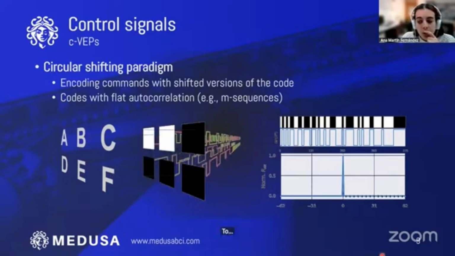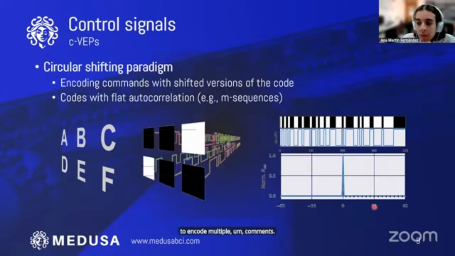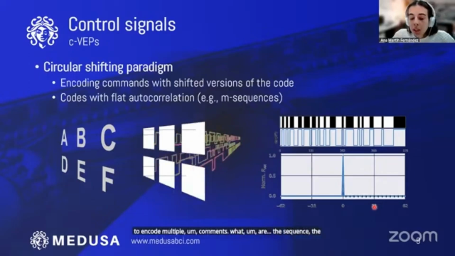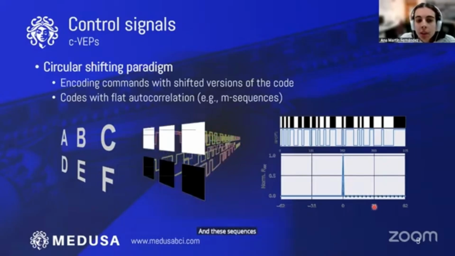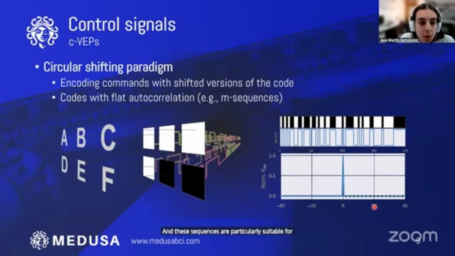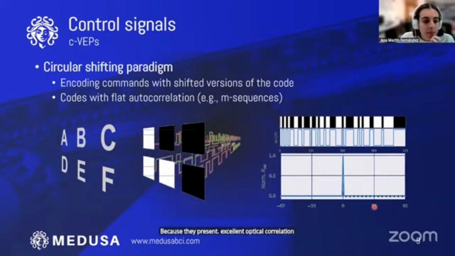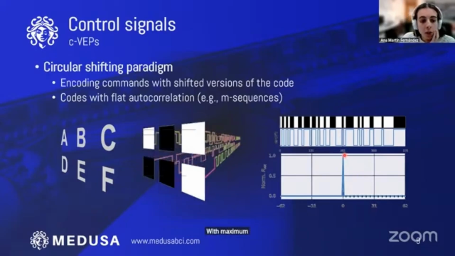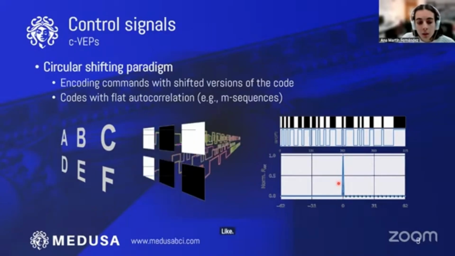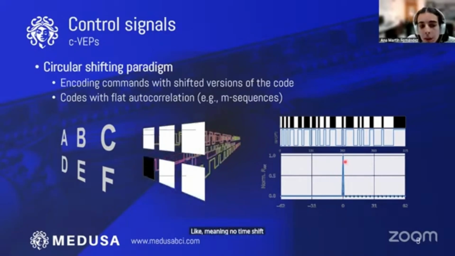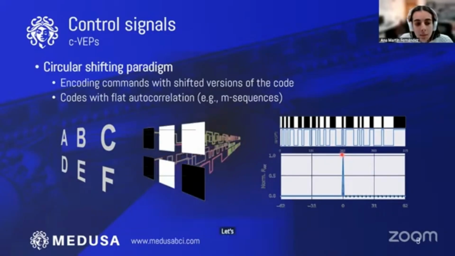To encode multiple commands, the pseudo-random sequences most commonly used are m-sequences. These sequences are particularly suitable for this purpose because they present excellent autocorrelation properties, with maximum autocorrelation when the sequence has zero lag, meaning no time shift, which during this presentation we will refer to as the original m-sequence.